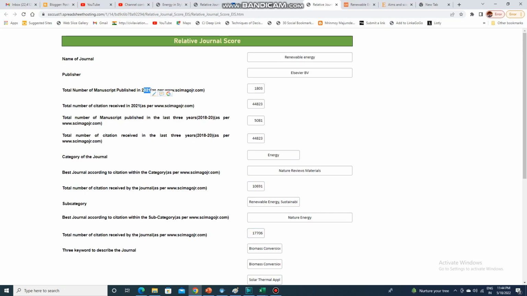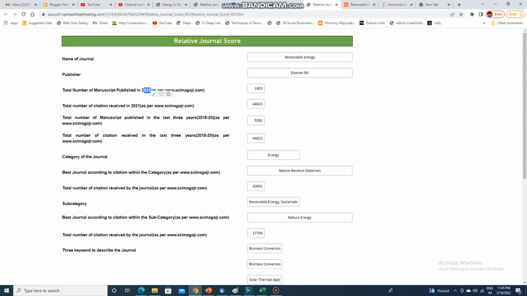And there also specific weightage is given to both of these two parameters, and then they find a weighted index with the help of these parameters: ratio of citation of the journal you are evaluating and the base journal of the category, ratio of citation of the journal you are evaluating and the base journal of the subcategory, and the ratio of citation of the latest year and the last 3 years.